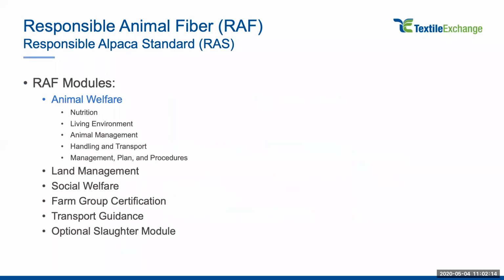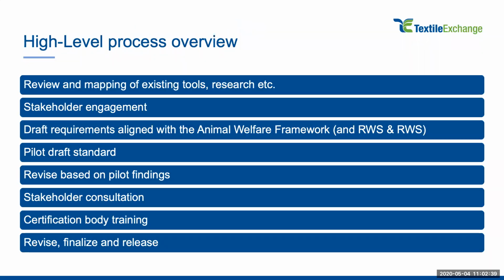And here's an overview of the structure of the wool standard and the mohair standard, and the same structure that we're approaching this work with the alpaca standard. And Anna is going to go into a little bit more detail around the animal welfare requirements and the animal welfare framework that we're using to help connect different species into one system. Next slide, please.